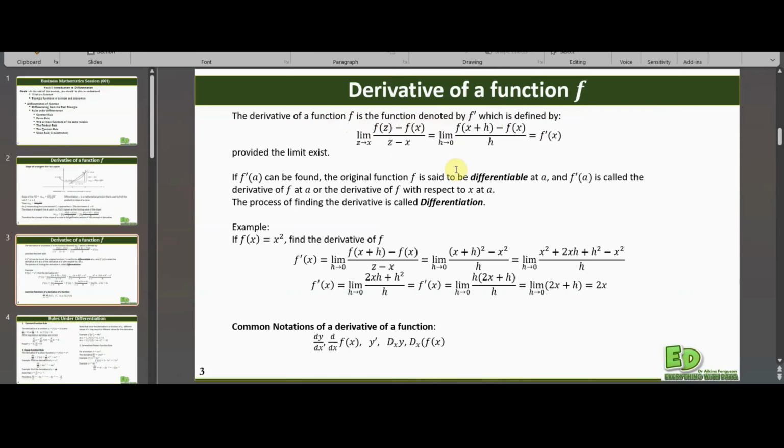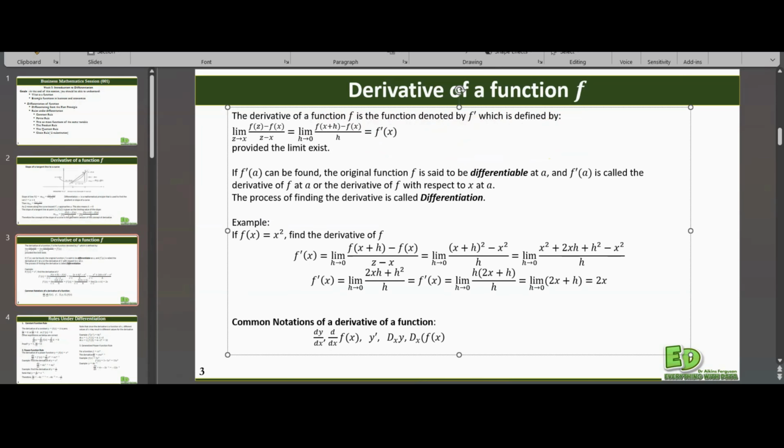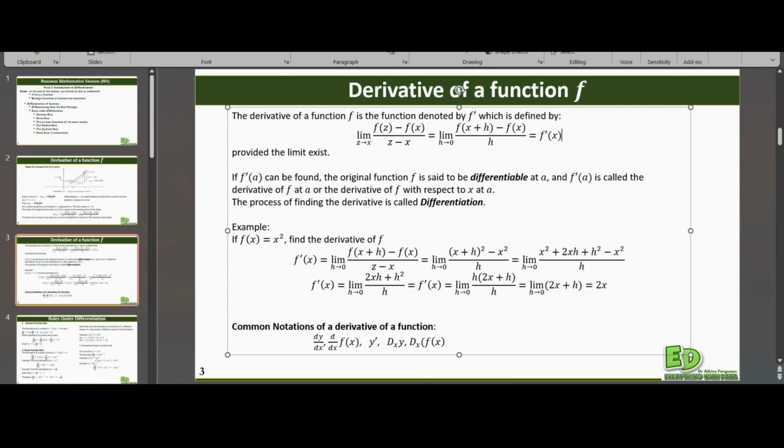It's simply telling you that when you have a function which is given to you, say f of x is equal to x squared, then to find the differential of that function, we would say f prime of x. That means you are finding the differential of f of x, right? So say f prime of x is equal to 2x. So if you differentiate x squared, you get 2x. That's what I'm trying to say, okay?